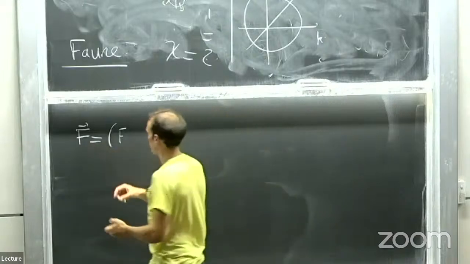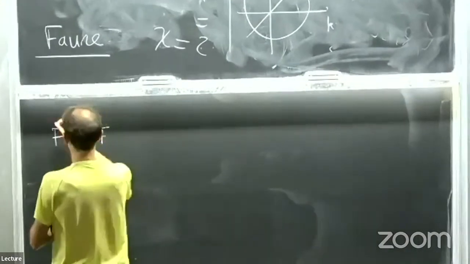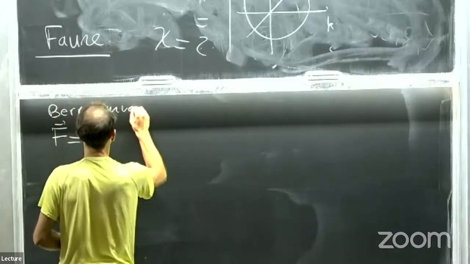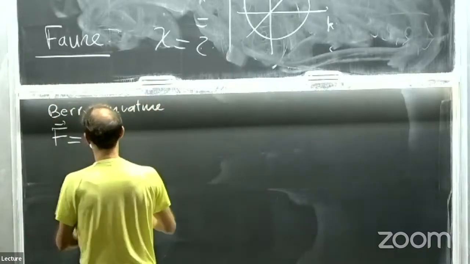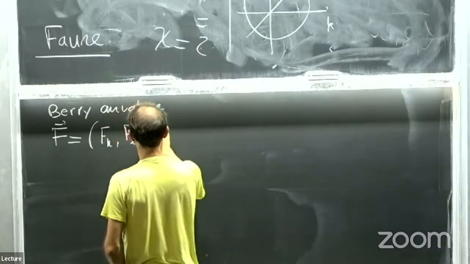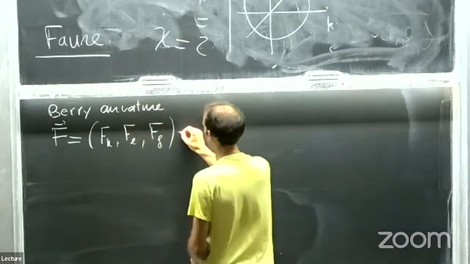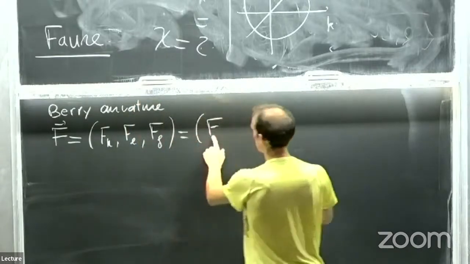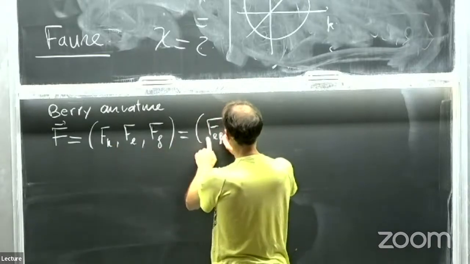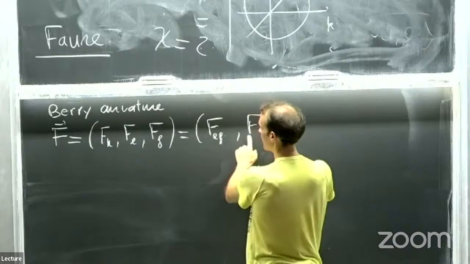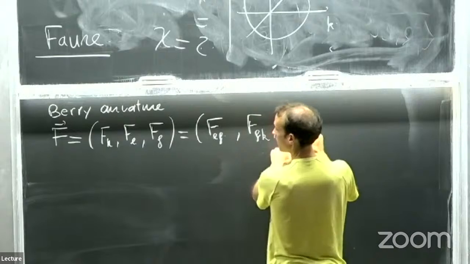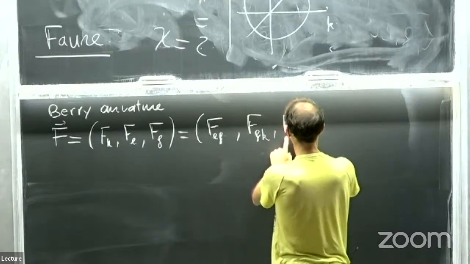So let's come back to this Berry curvature. Let's write it. I have three components that I will call Fk, Fl, Ff, but actually it is more like a pseudo-vector. So I would prefer to write it like this: Fl, Ff, Fk, Fkl.